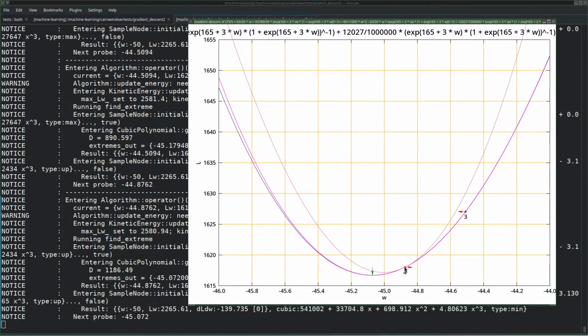I think we should still use 0 actually. No, 0 must point that way and 4 must point that way, because that is where the minimum lies. But the cubic that I'm using is now the cubic through 3 and 4, because 3 and 4 are way closer to the minimum than 0, which is all the way up there. Which then gives us a much better approximation, as you can see.